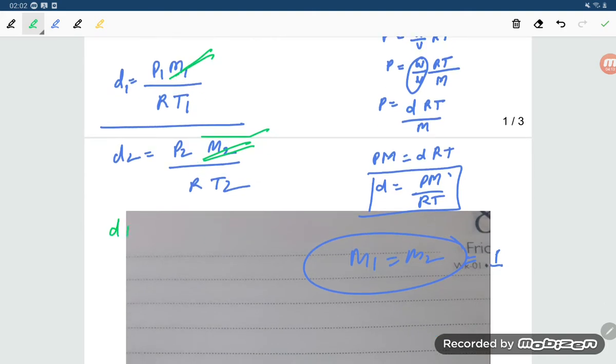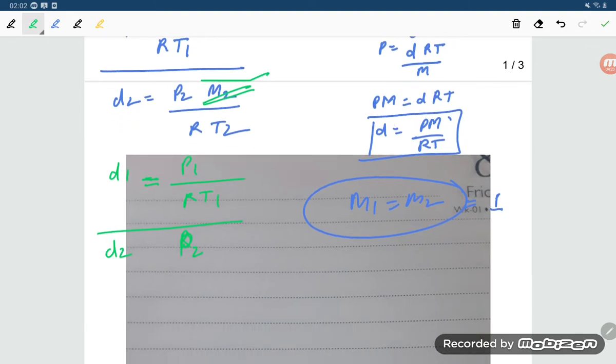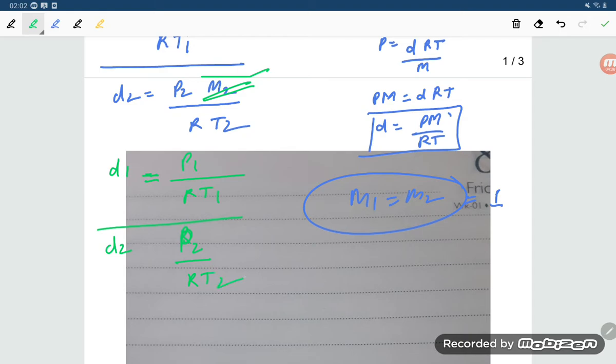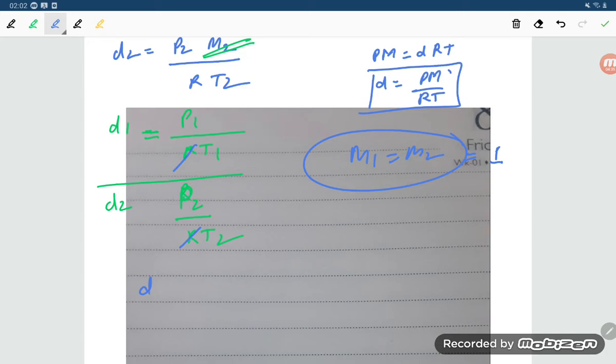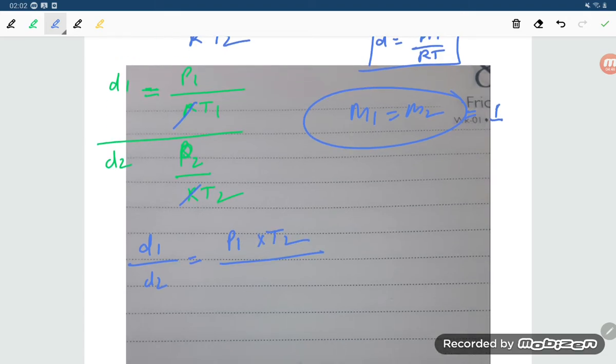So D1 is equal to P1 upon RT1, divided by D2, which is P2 divided by RT2. R will also be cancelled out. So what is left is D1 upon D2 equal to P1 into T2 divided by T1 into P2.